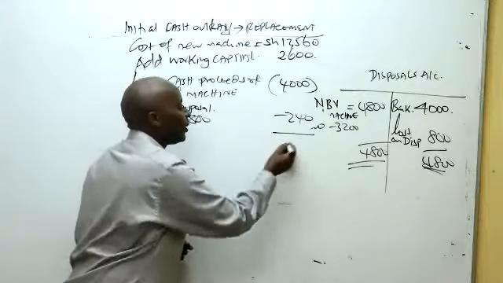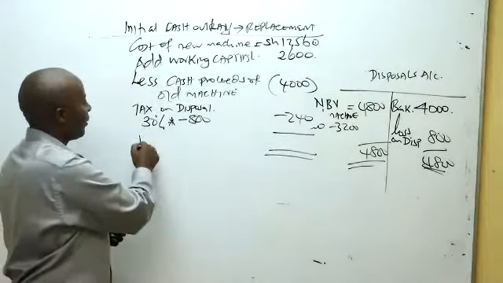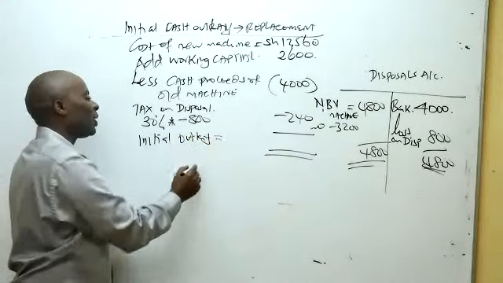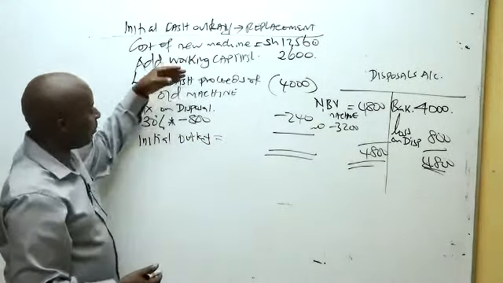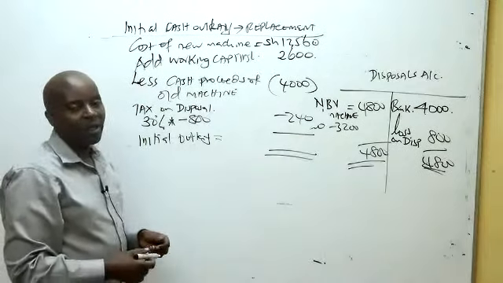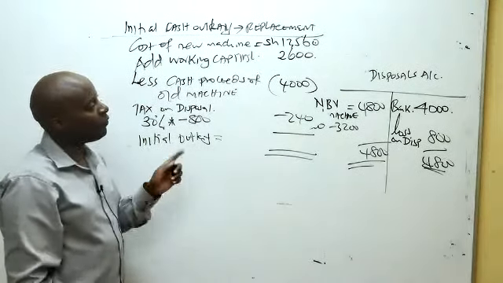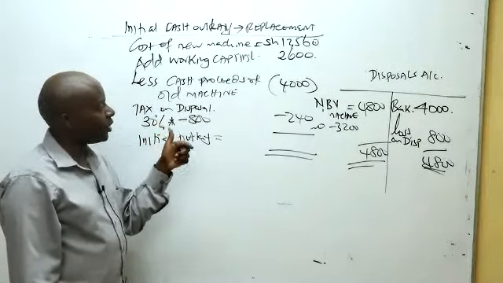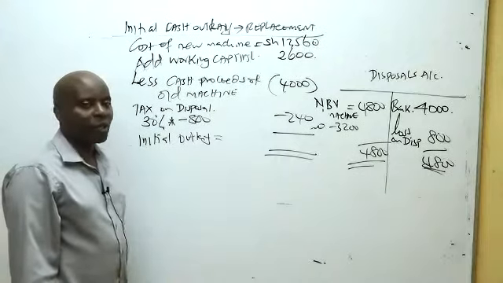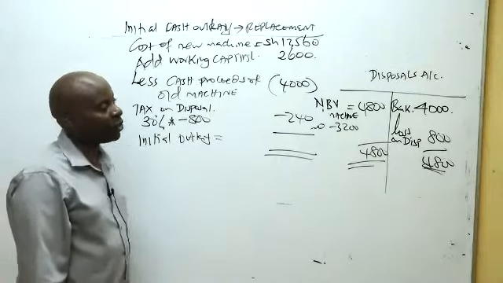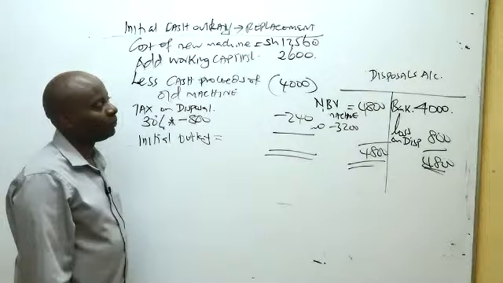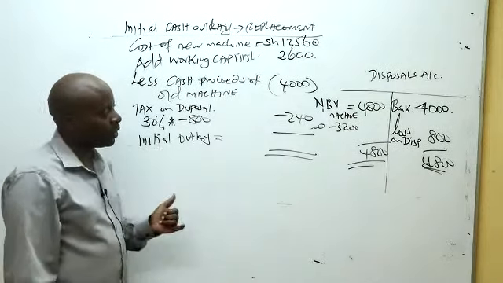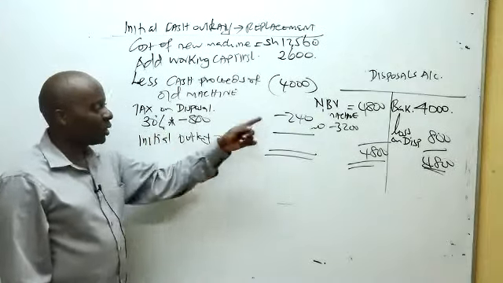Come and give us the initial outlay. Whenever they talk of an existing machine, an old machine, always remember this working. You can even cram it. So we have 12,560 plus 2,600. Those are expenses. These two are our incomes as a result of disposing the old machine: we have the sales proceeds, and then we have the tax on this particular loss.